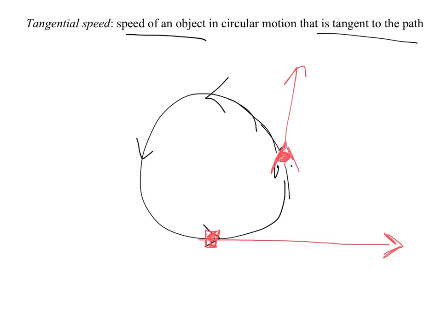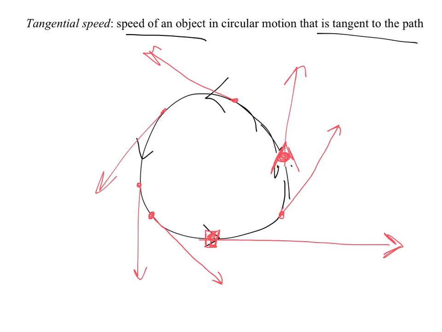So you can draw an infinite amount of tangent lines. Pick a random spot. Pick maybe right here. Well, the object would go like this now. If I pick right here, the object would go like this. If I keep drawing tangent lines, I can see the actual general path is counterclockwise. You kind of see how all these arrows point like this? They all seem to follow the flow of the direction I was swirling this in.